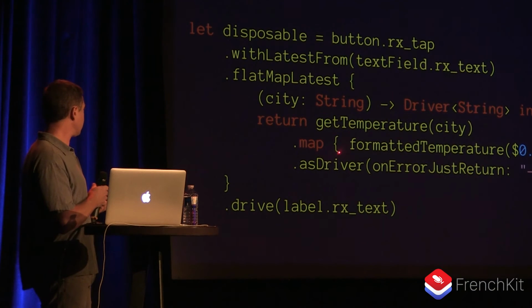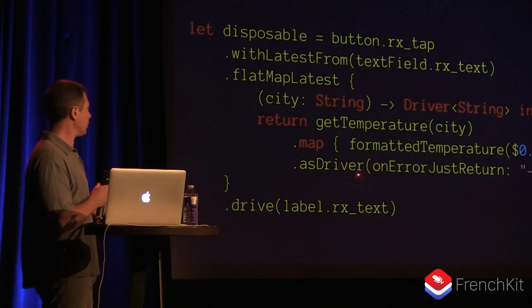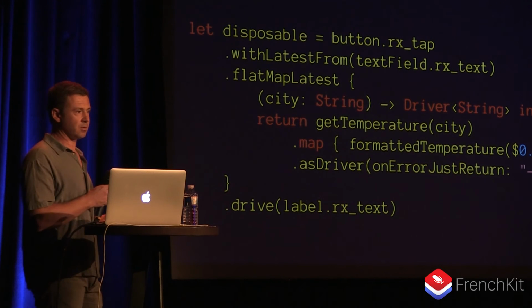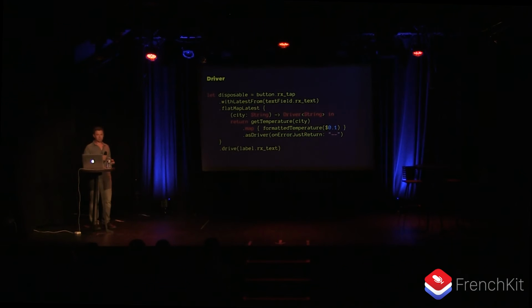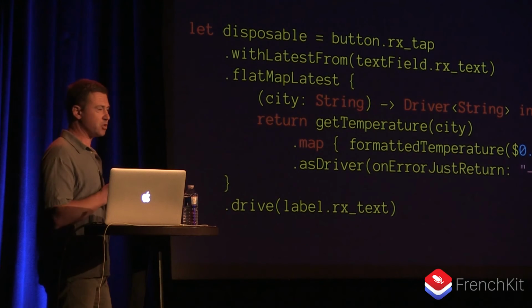So when we create a driver, we use asDriver on any observable, and we pass a default value to indicate what to emit when an error occurs. And this way, if anything goes wrong, you get a template value. Driver has a special syntax.